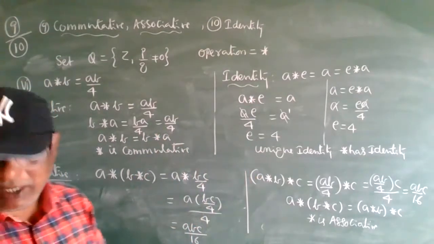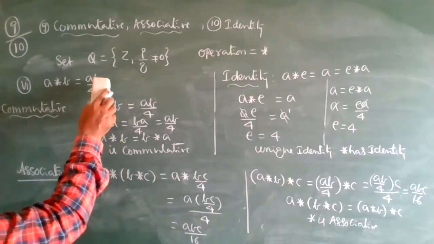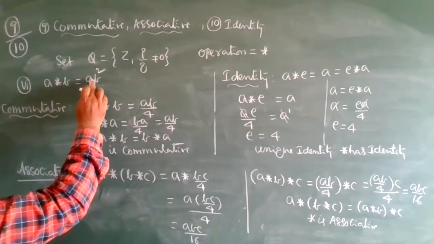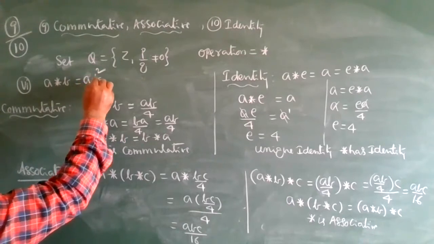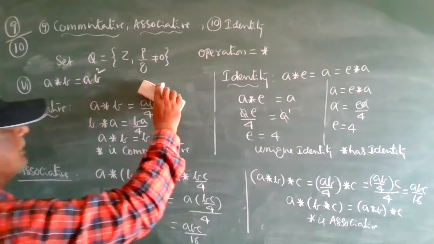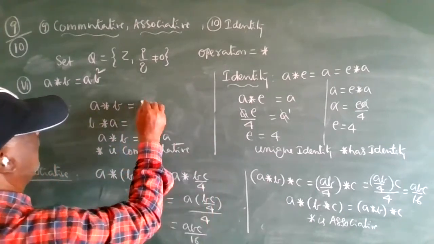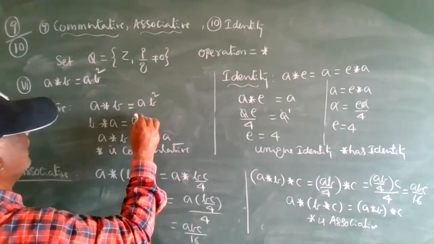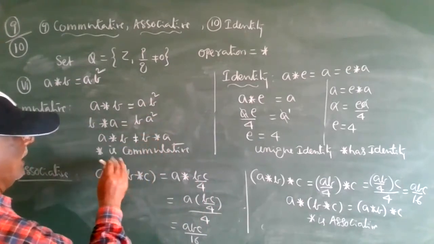A star B is defined by AB square. First element into second element square: first element A into B square. Now find out. A into B square. Here is the B into A square. Not equal.